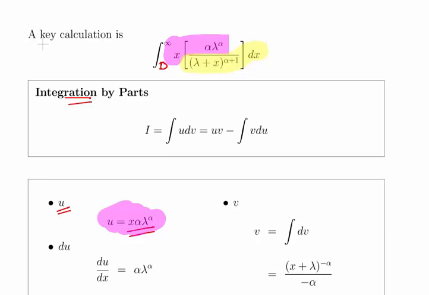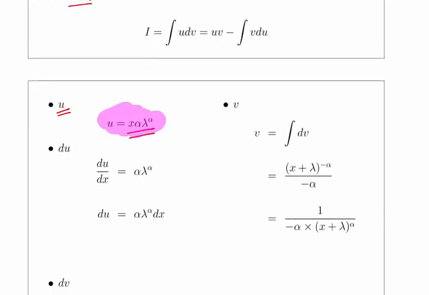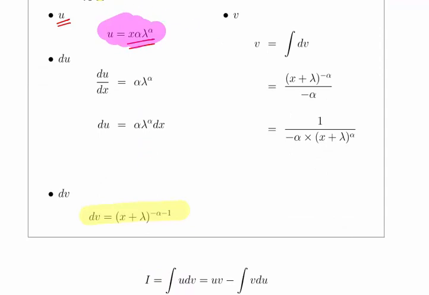And where do I have that? So dv is down here, this expression here. That should be with respect to dx actually. So when we differentiate u to get du, du is equal to alpha times lambda to the power of alpha dx.